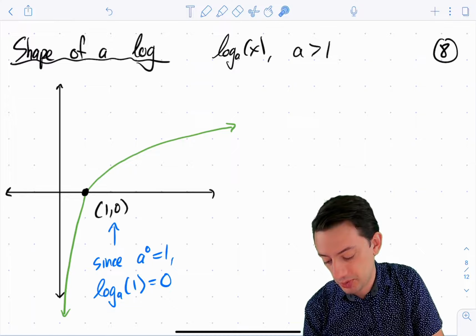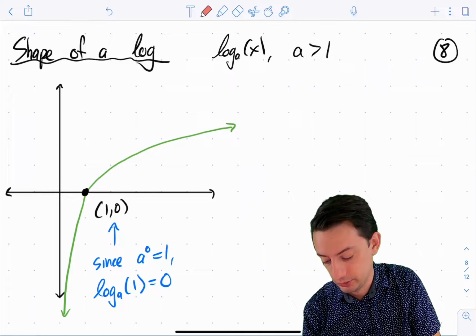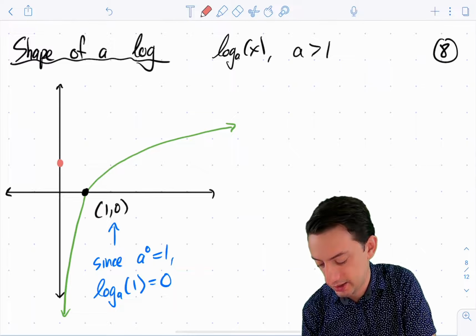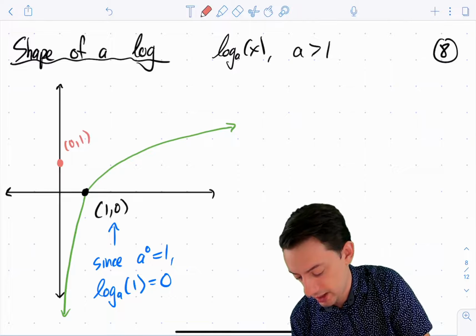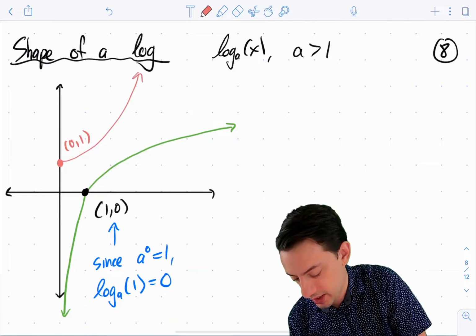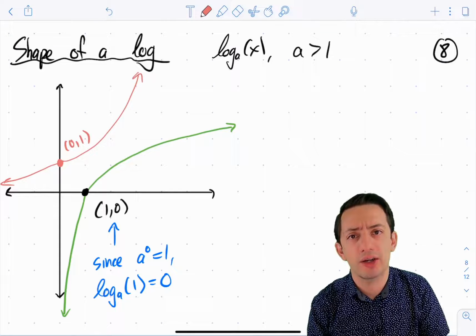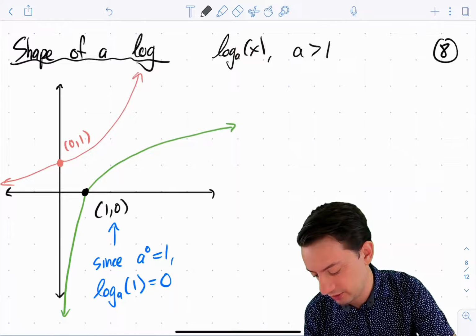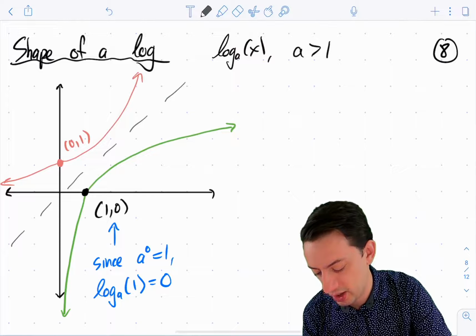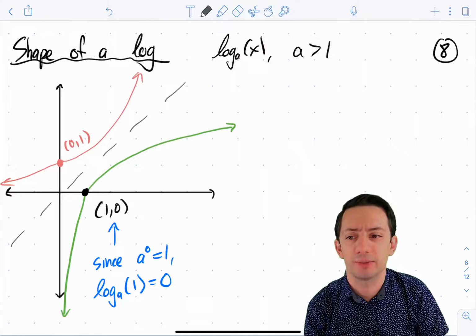So the exponential growth, we said, has its y-intercept at 0, 1, and then kind of looks like this to the right, and then approaches 0 to the left. So that means the log is going to have the reverse shape. The inverse is always the reflection across that line, y equals x.